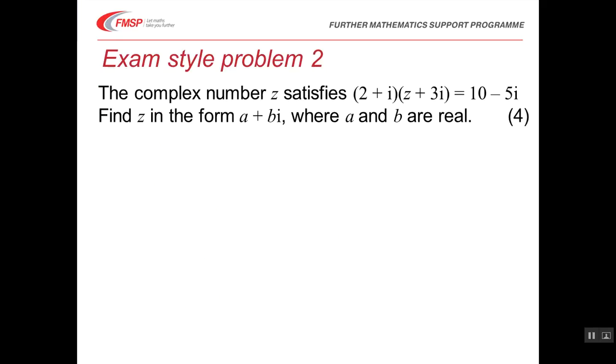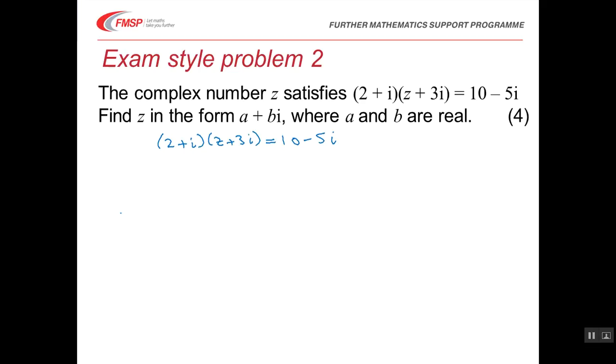Here's another exam style question. The complex number z satisfies the given equation. We've got to find z in the form a plus bi, where a and b are real. So if we take this problem, we need to find z. In other words, we need to rearrange this equation for z.